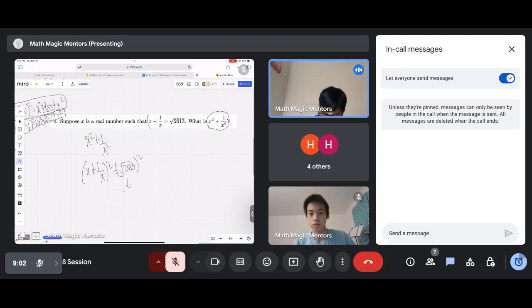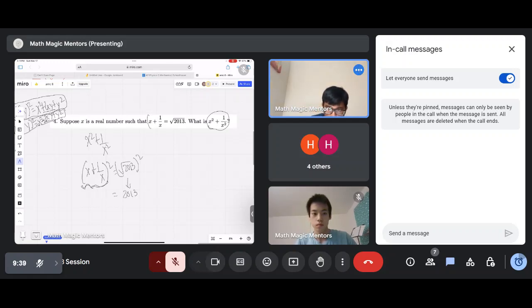And we know that this is going to be 2013, right? Because square root 2013 squared is going to be 2013. But help me find this quantity. What do you think it should be? All right.